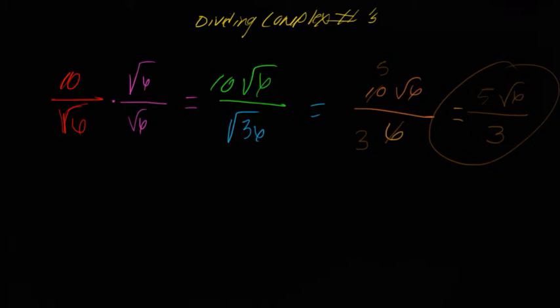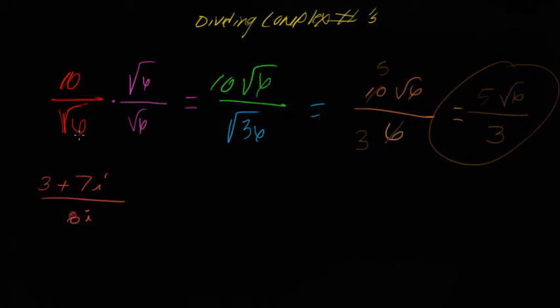Okay, so now let's see how this will apply to complex numbers. Let's start off with a simple example. Let's say we have 3 plus 7i divided by 8i. We want to get this i out of the denominator. We don't want any i's in the denominator. So we have to do this same process, taking the i out of the denominator.